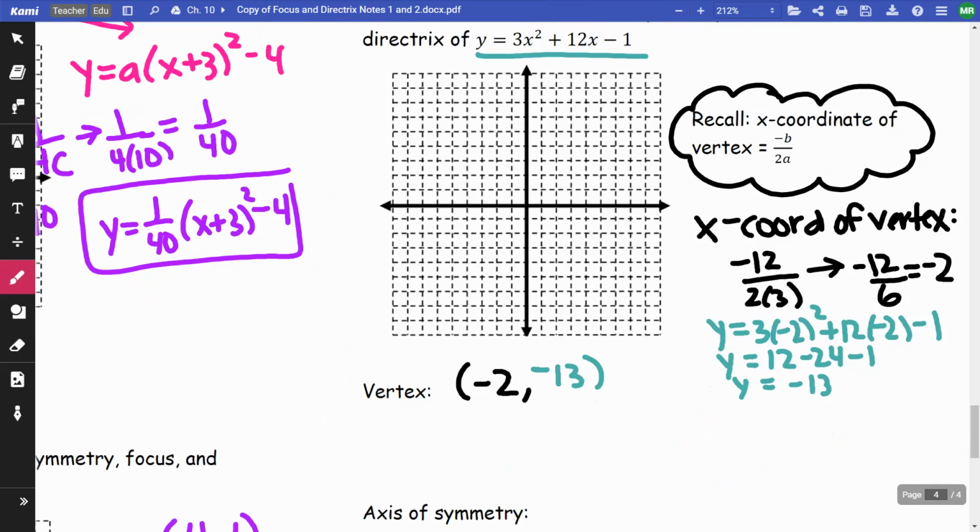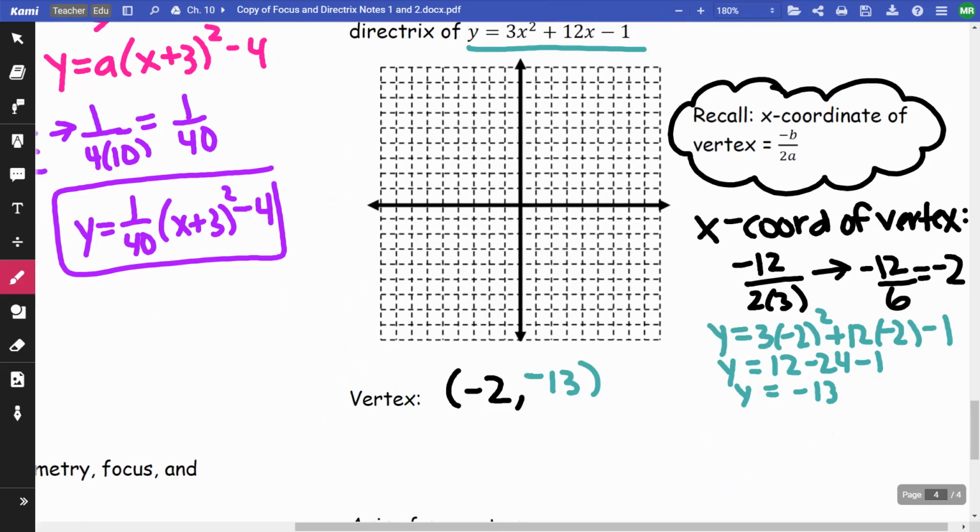Okay, so now, are you guys fine with me adjusting my x-axis on my page so that I can get down to a negative 13? Because I don't think I can. So I'm just going to shift it up and pretend that this is my x-axis instead of the other one. You guys fine with me doing that? So that's going to be my new x-axis. Okay.